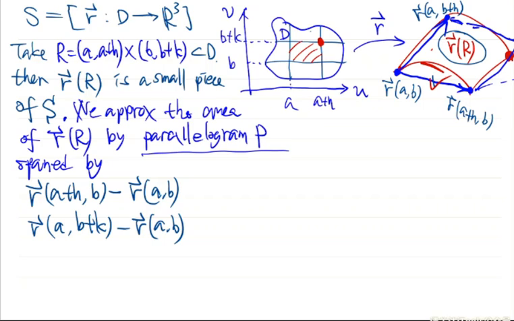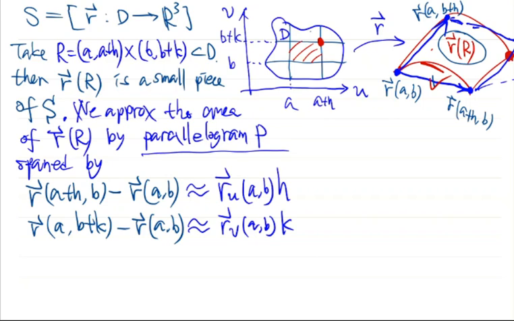Using the differentiability of our map r, this is approximately the partial derivative of the vector valued function r at the point (a, b) with respect to u, multiplied by h. Similarly, the second is approximately the partial derivative with respect to v, multiplied by k.